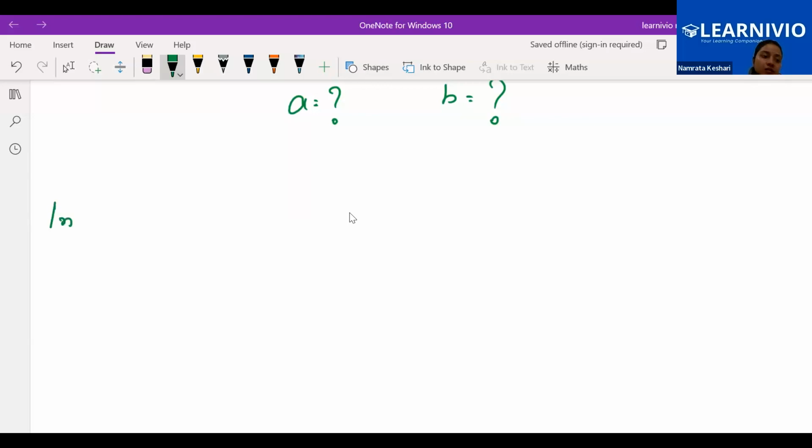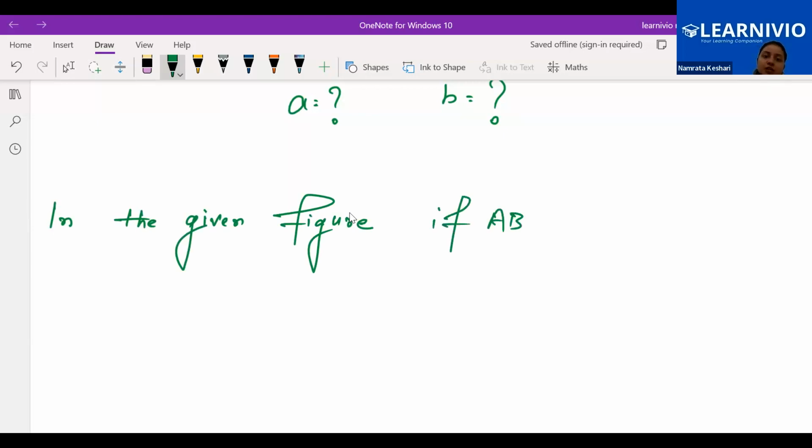In the given figure, if AB is parallel to CD, this is from lines and angles, okay?